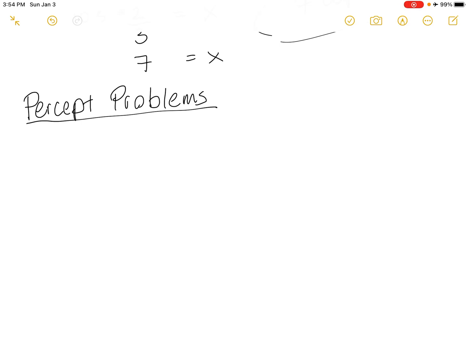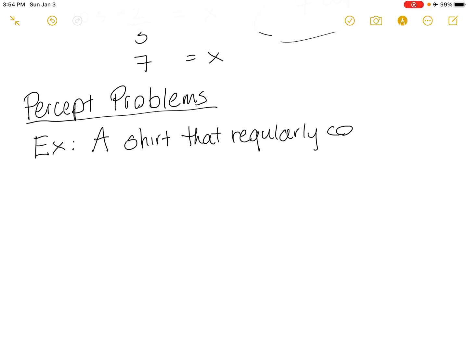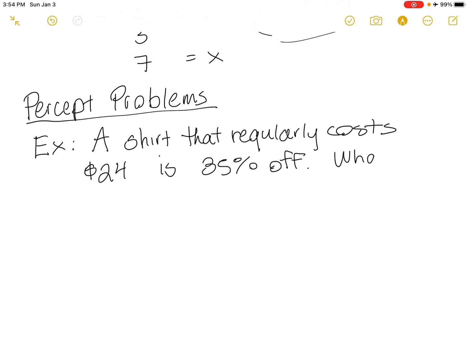So let's say, for example, a shirt that regularly costs $24 is 35% off. What's the sale price?